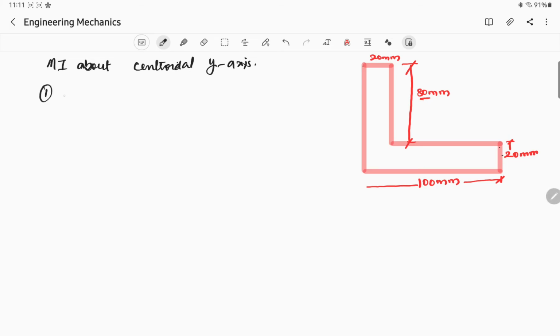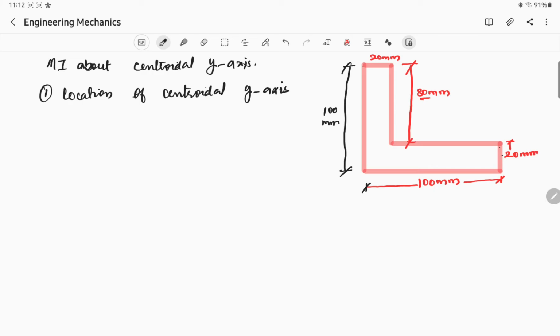First I will write here: location of centroidal y-axis. In the previous case we located the centroidal x-axis, but now we will locate the centroidal y-axis. How to locate that? See here, this is 100 mm and this is also 100 mm given to us.